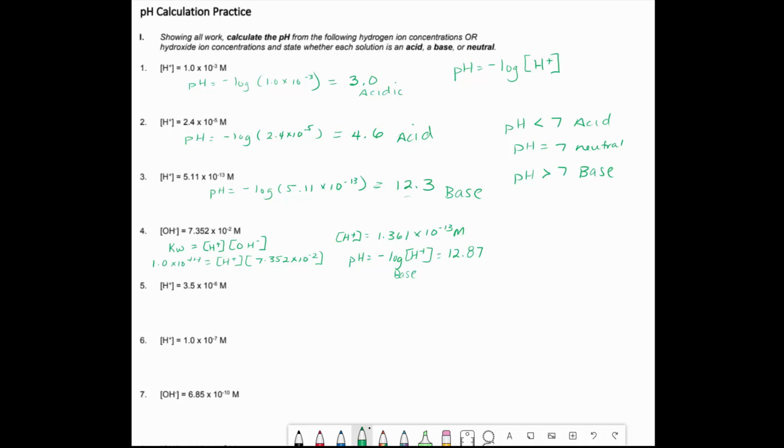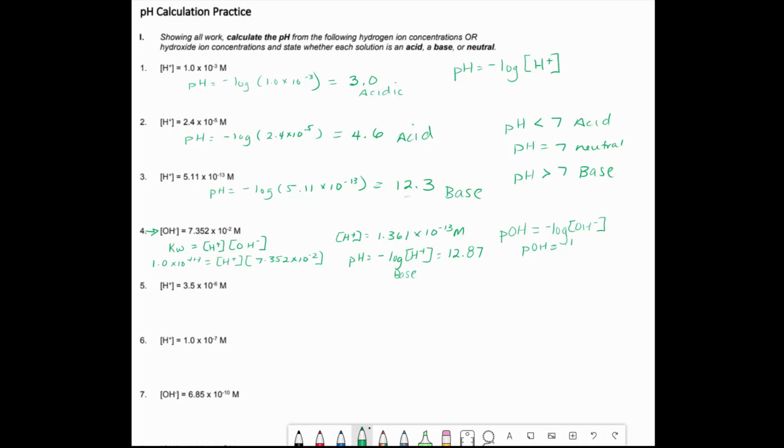Now let's go the other way and show you the arguably much faster way. I was given the hydroxide concentration with number 4, so now I'm going to take what's called the pOH. I'm going to take the negative log of the concentration of the hydroxide ion. So the pOH is going to be the negative log value of 7.352 times 10 to the negative 2.